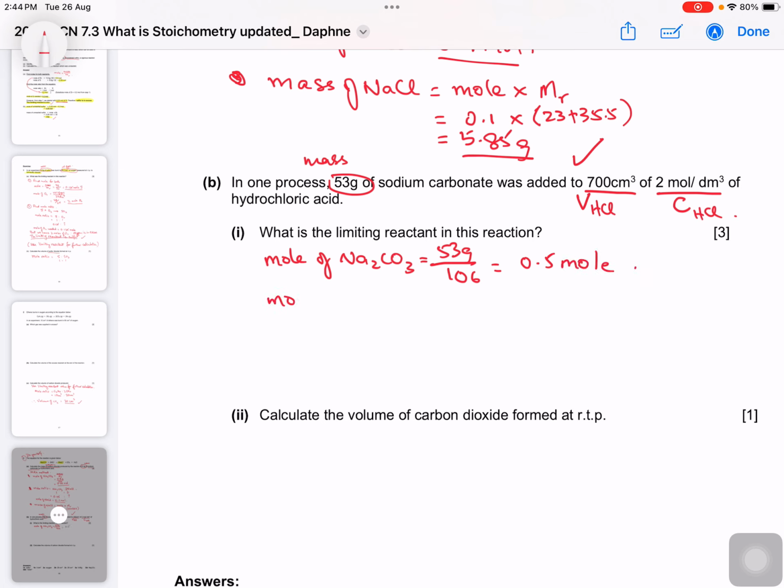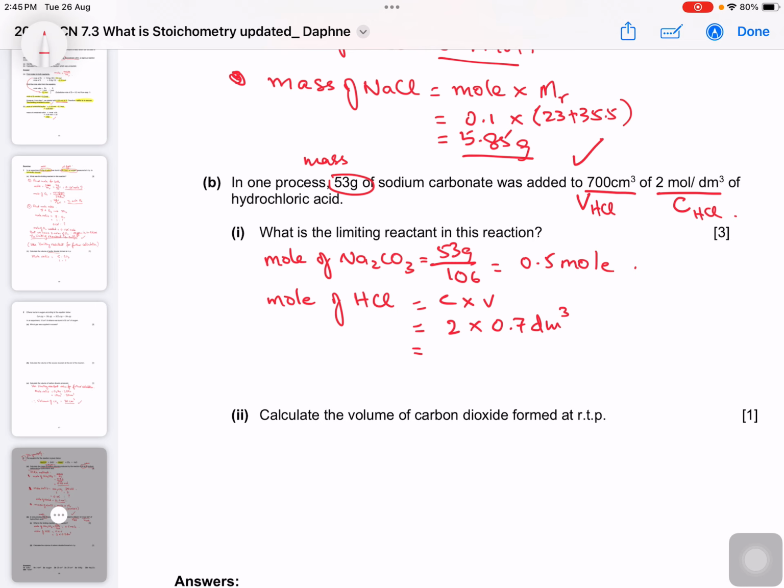How about mole of HCl? We are given V and C, volume and concentration. Formula to use will be C times V, which is 2 times 0.7 dm cubed.